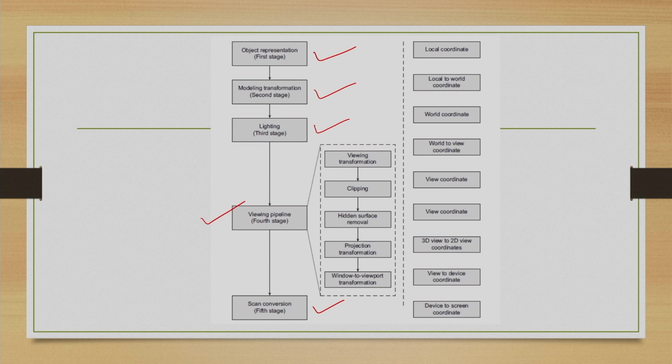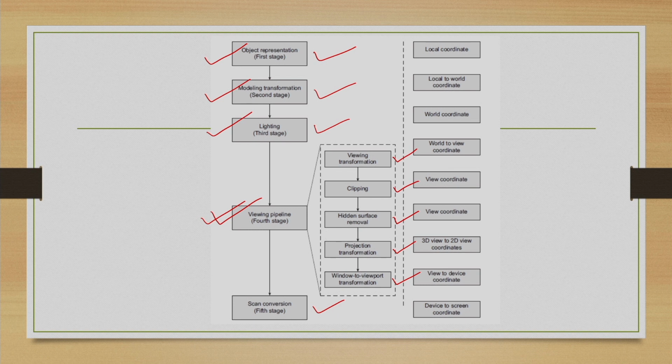Now, among these stages we have already discussed first stage, second stage, third stage, and currently we are discussing the fourth stage, that is viewing pipeline. As you can see here, in the viewing pipeline there are sub stages. So, we have viewing transformation, clipping, hidden surface removal, projection transformation, and window to viewport transformation.